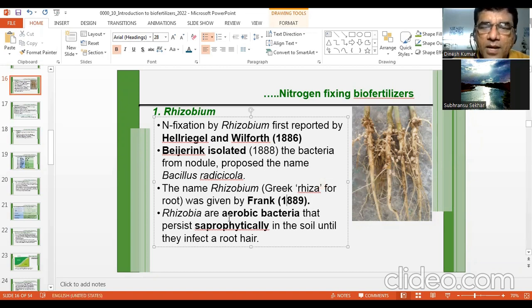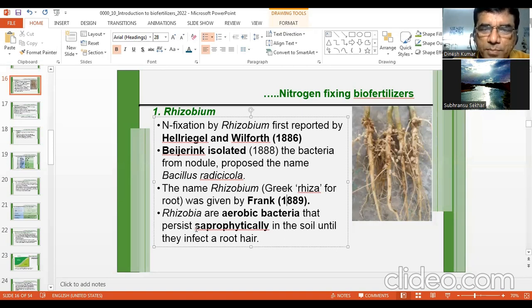And Rhizobia are aerobic bacteria. Rhizobia is plural and Rhizobium is singular. And one more genus has been recorded, that is Bradyrhizobium. The credit is given to N.C. Brady, whose book you are reading these days. N.C. Bradyrhizobium.